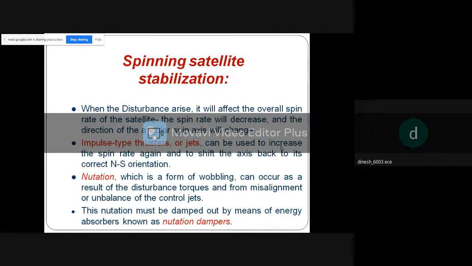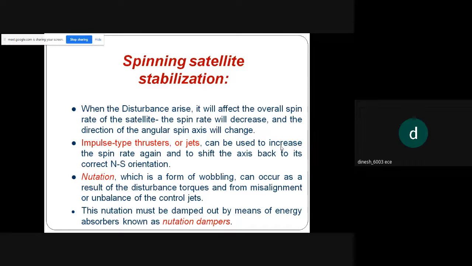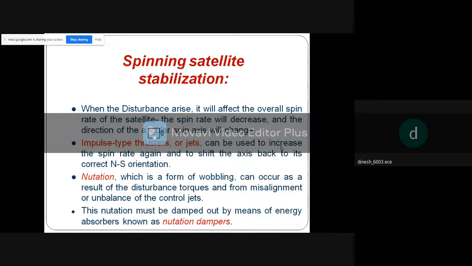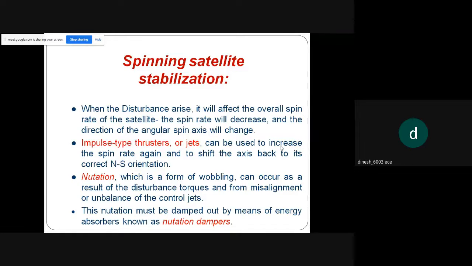All these thrusters and small jets are present along with the satellite system during launch. So a viewer need not bother about the design; as a scientist or an engineer, you need to bother about it.